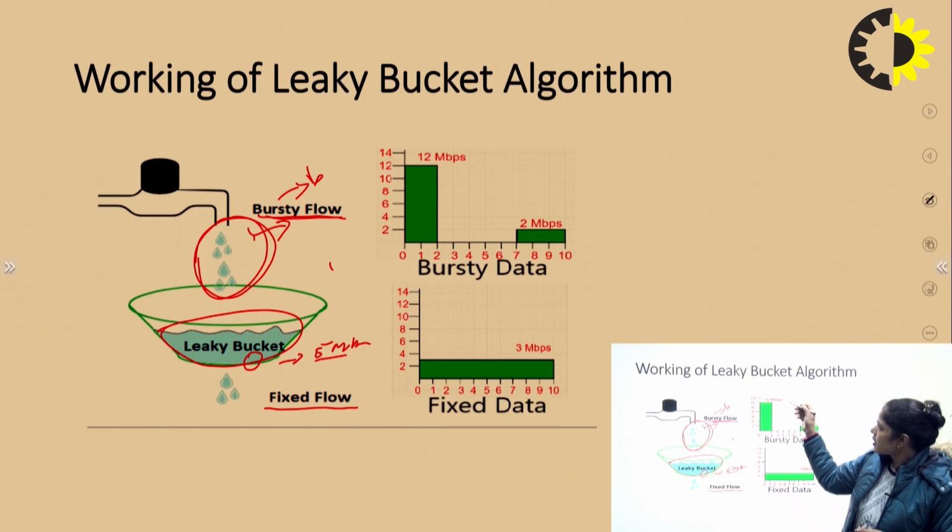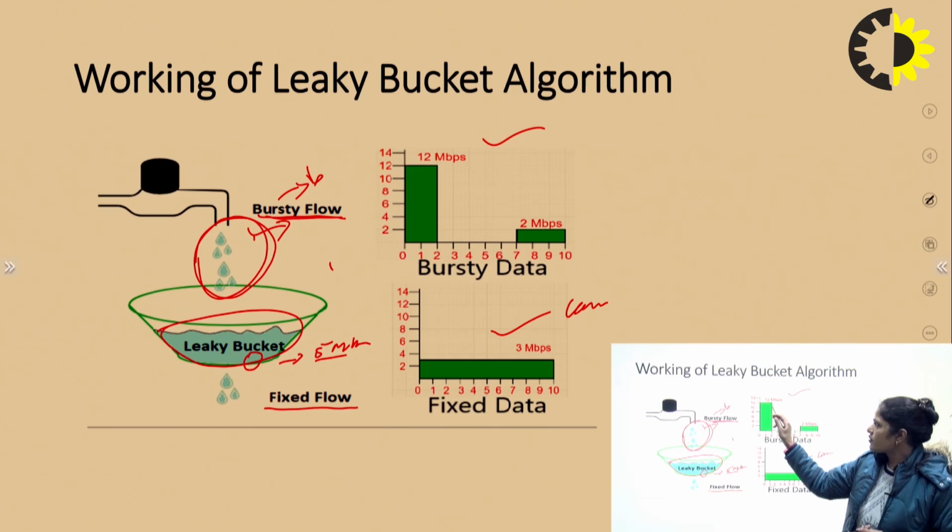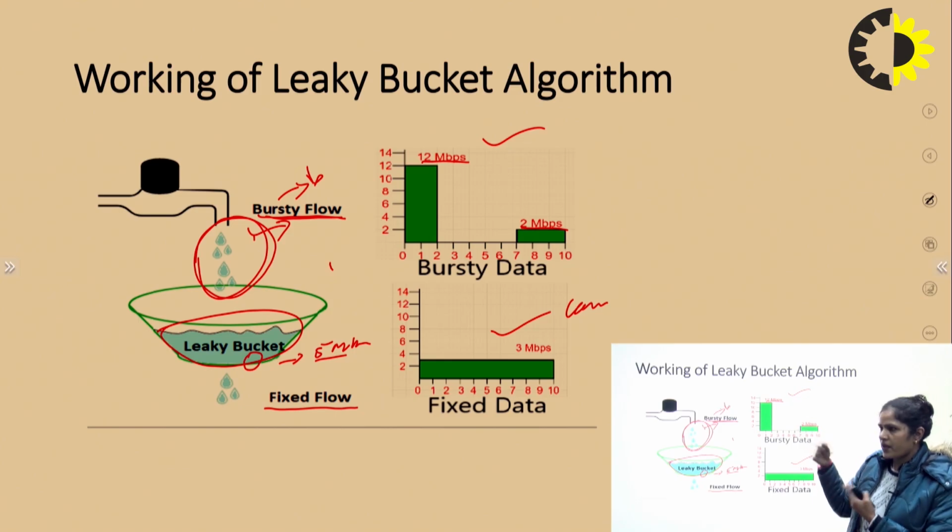So let's take this as the scenario of a bursty data flow, and this as the scenario of a fixed data flow, or you can say a constant data flow. In bursty flow we have a varying flow of data. Let's say at one time 12 Mbps, and at the next moment it will be 2 Mbps. There is no proper arrangement.